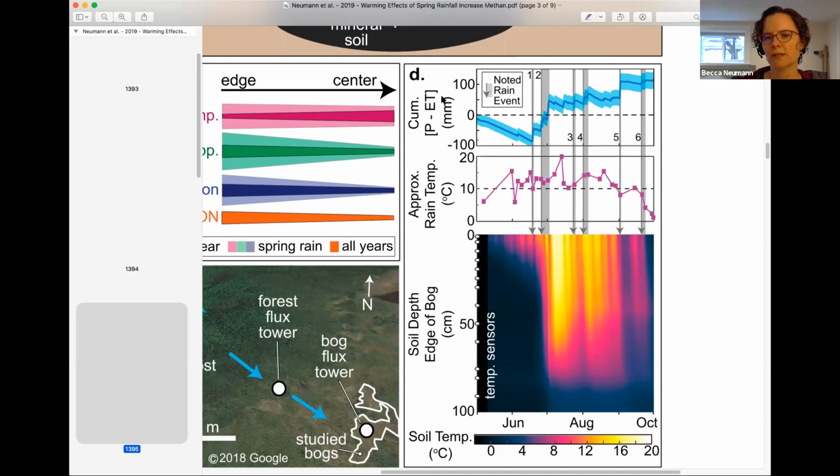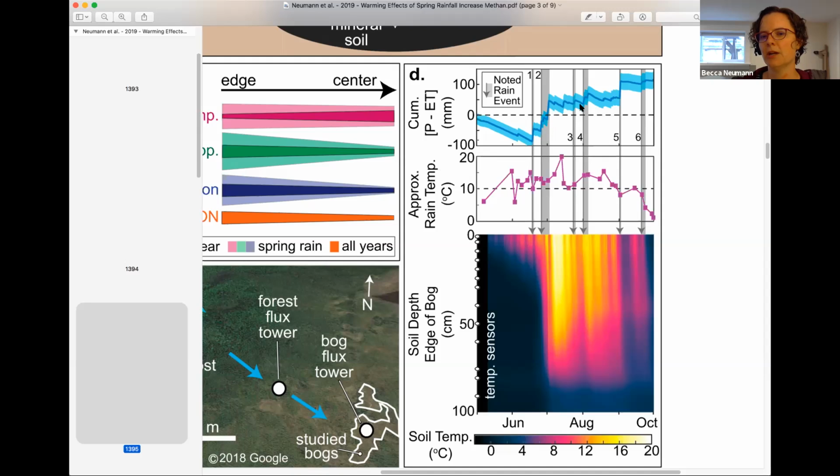What we were finding is not as dramatic of a response when we were getting rain events that occur earlier in the season, because we think that water is just remaining within the forest and not making its way down into the bog.